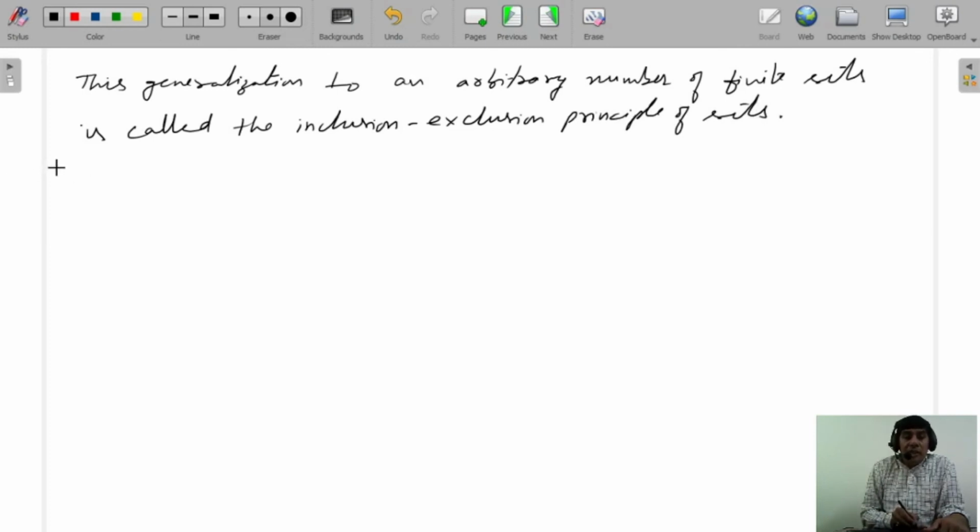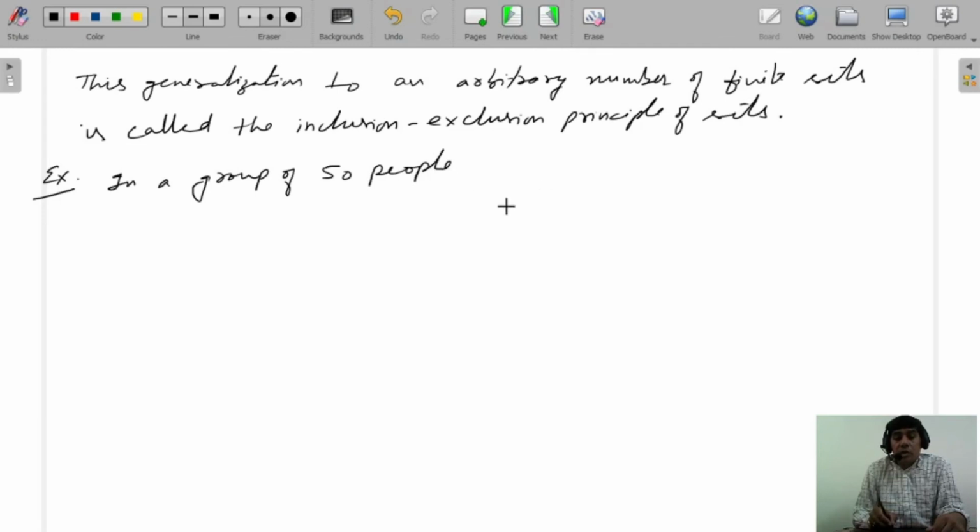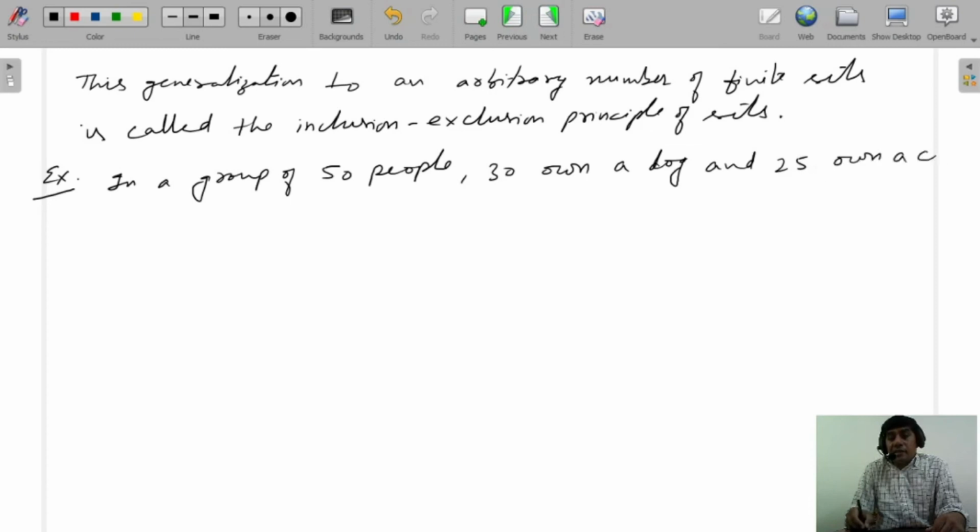Now we can solve a numerical based on this formula. In a group of 50 people, 30 own a dog and 25 own a cat.